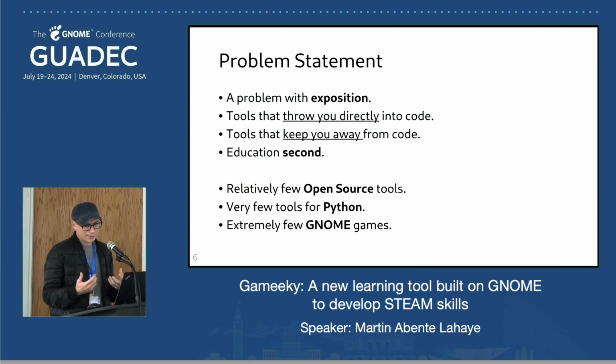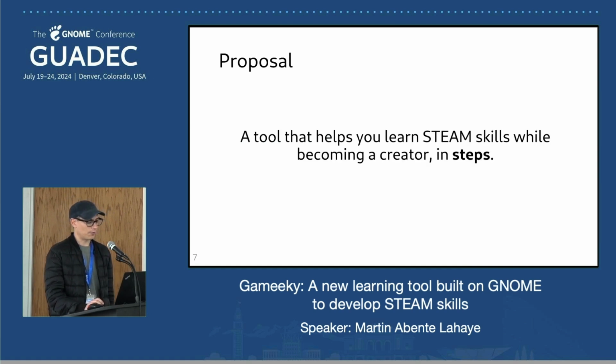And then there's not a lot of Python-based tools for learning and making games. And the third one is that there's not a lot of these in GNOME. I mean, there's not a lot of games in GNOME. There are a few, but not a lot. Those are also some orthogonal problems to this.